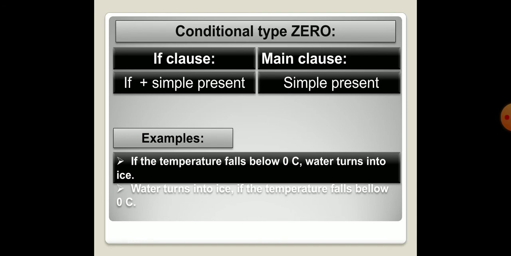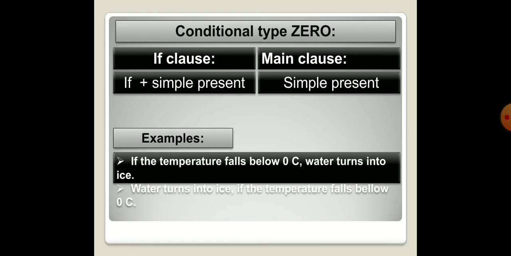We can even start with the main clause and say, water turns into ice if the temperature falls below 0 Celsius. As you can notice here, either in the if clause or the main clause, we use the simple present. In the first one, we use the verb to fall, falls, and in the second one, we use the verb to turn into.